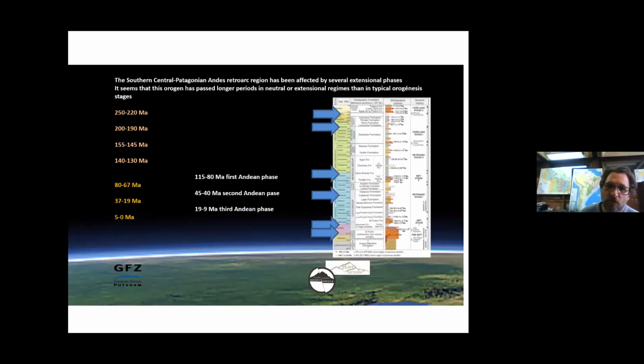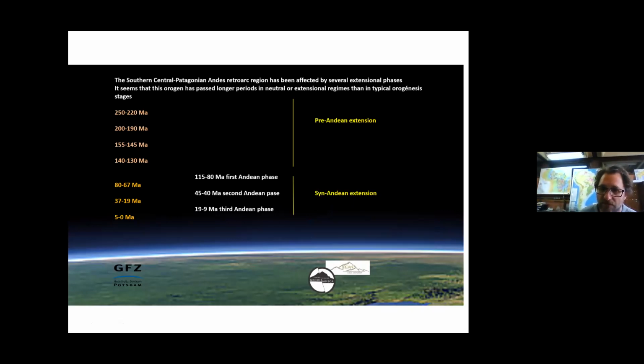So, as a conclusion, we have several phases of Andean retroarc extension in the Andes. Some of them are pre-Andean, and three of them are syn-Andean extensional phases.